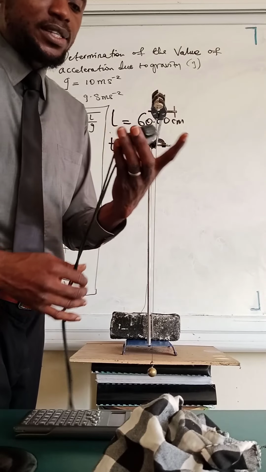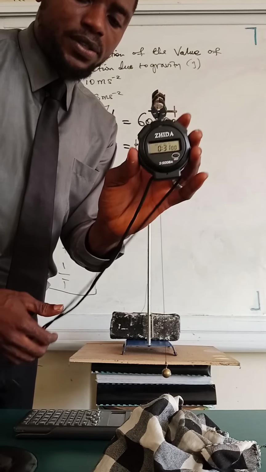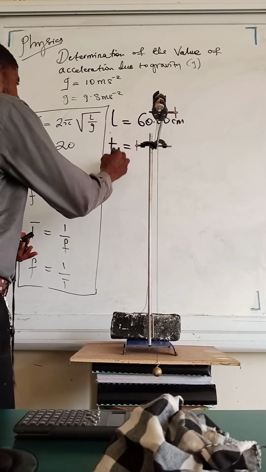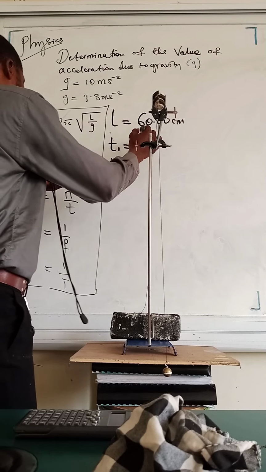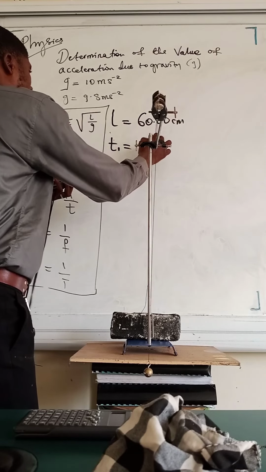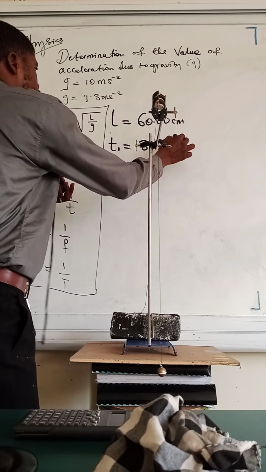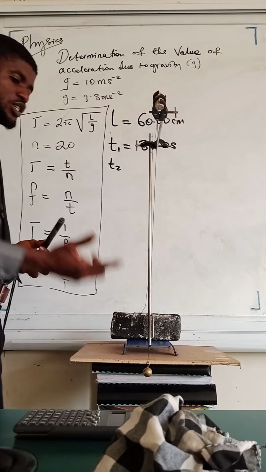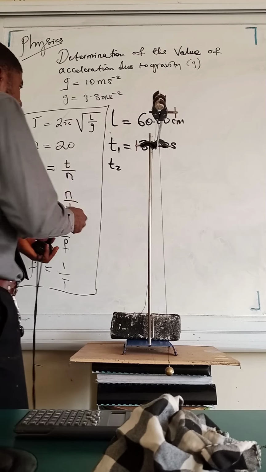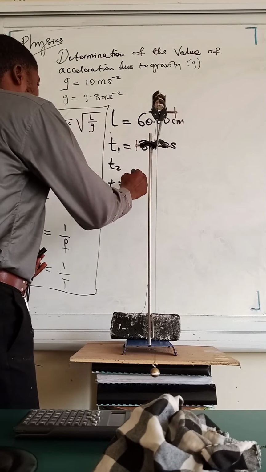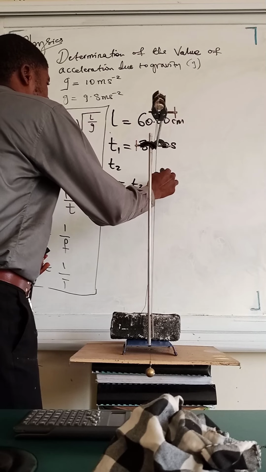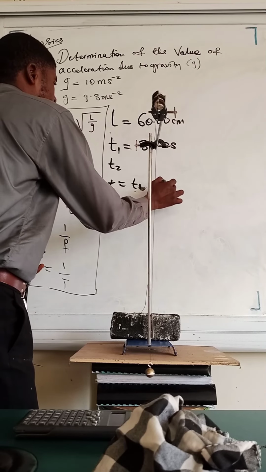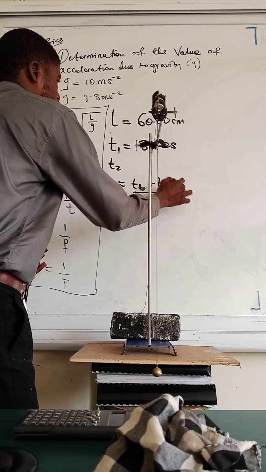Our time check is 31 seconds. So we are going to find T1 and T2. T1 is 31.00 seconds. We run it 2 times to get our average T. Our T is T1 plus T2 divided by 2.